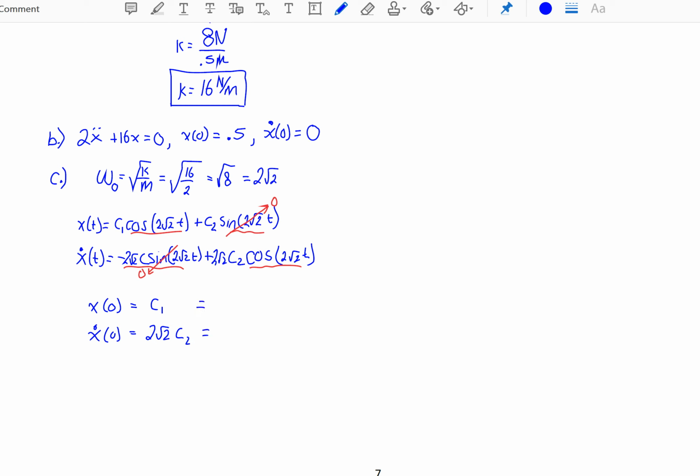And from our initial conditions, your initial position has to be 0.5. That tells us c1 is 1/2.